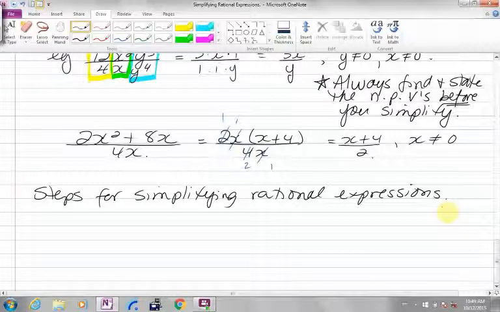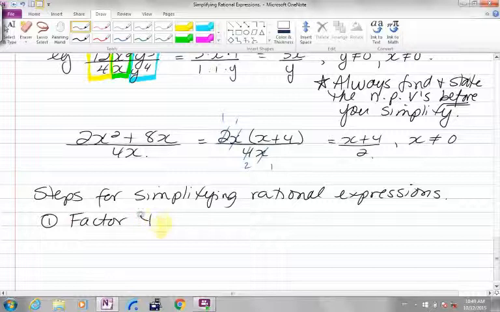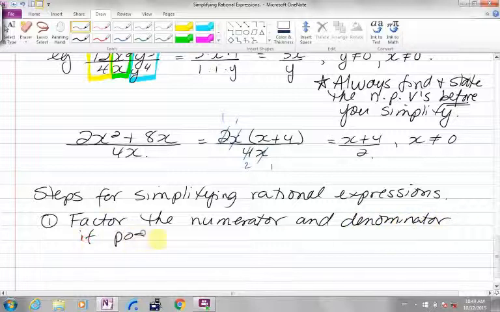And you're going to add to this as we go along, as you figure out what other steps you need to do depending on what the question is. So first thing is factor the numerator and denominator if possible. And I state if possible because sometimes it'll be in factored form. For example, 4x is in factored form.